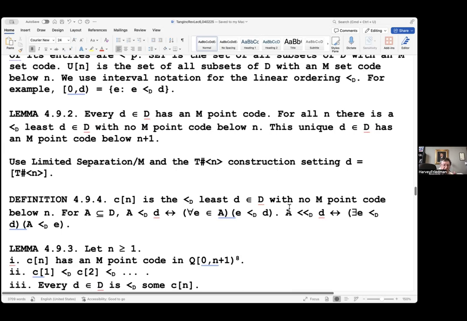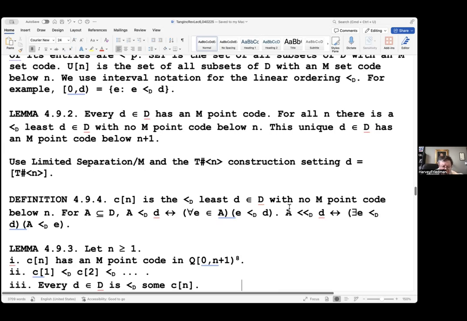Okay, and that's proved using limited separation and the T sharp N construction that we did, using D equals... using that place in the new domain.